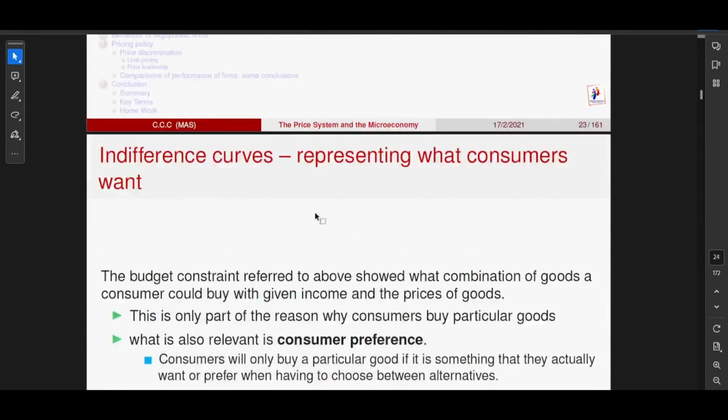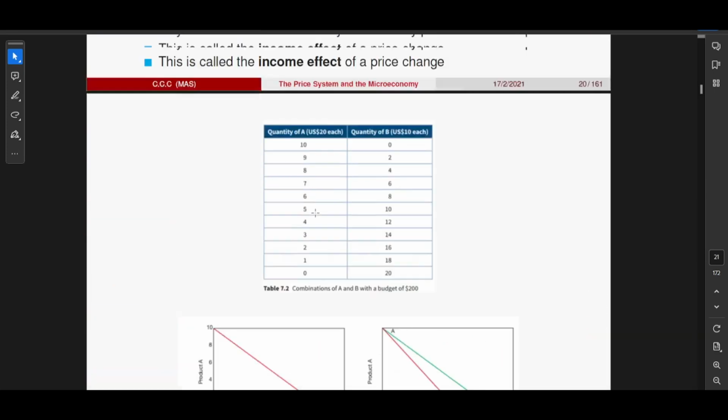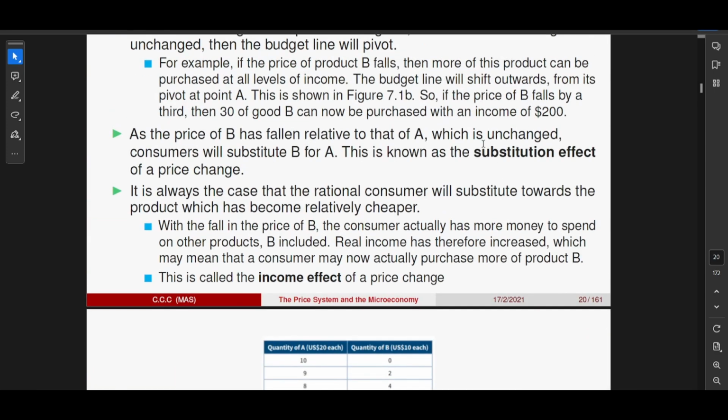So before we get into understanding what the substitution effect and income effect are, we have to understand how the budget can change, right? It's always the case that a rational consumer will substitute towards a product which has become relatively cheaper.